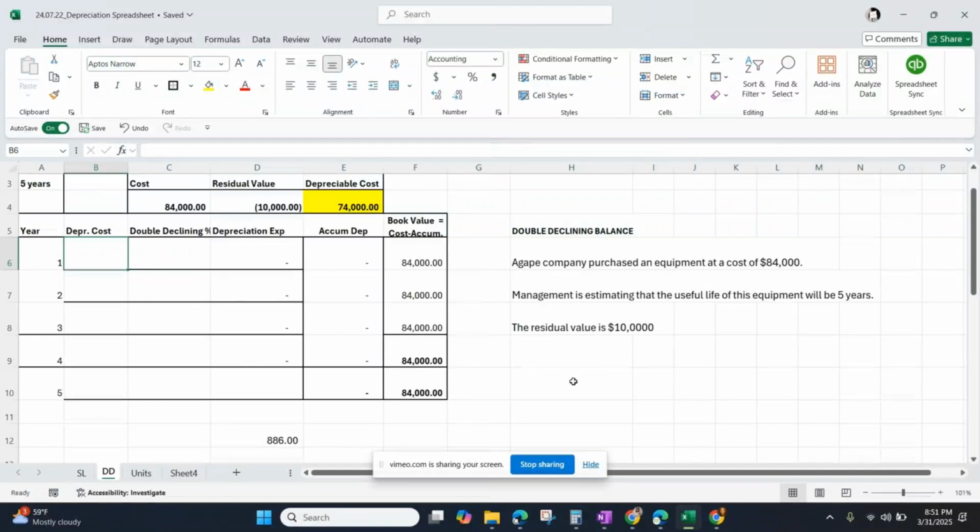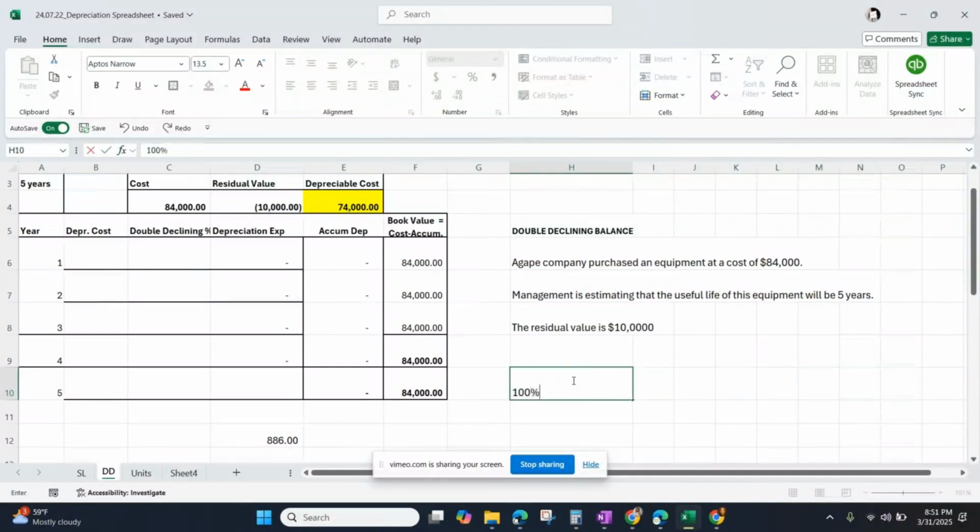But before we start, we have to calculate the double declining rate. To do that, we start with the number of years that the company estimates this asset is going to live. So we divide 100% by 5, which gives us 20%.